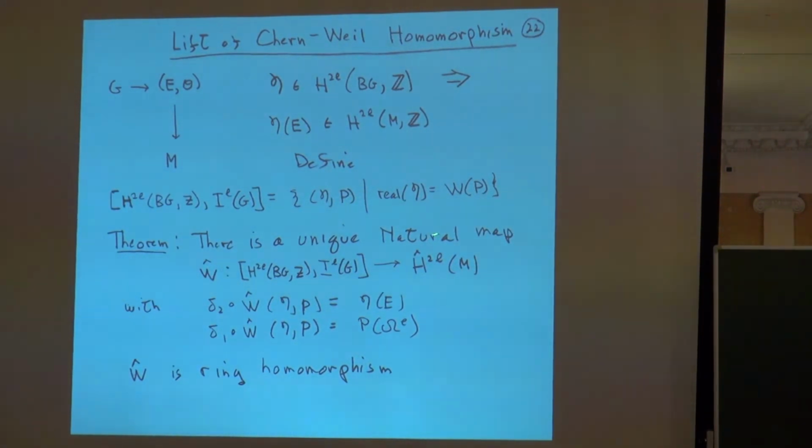And there's a unique natural map from that space, the invariant polynomials together with integral classes, we'll call W hat, into the H hat 2L, into differential characters, such that if you follow that map with delta 2, you get the integral characteristic class of the bundle that came from eta in the classifying space, and you get the differential form that came from P. And I stated here that this is a ring homomorphism.